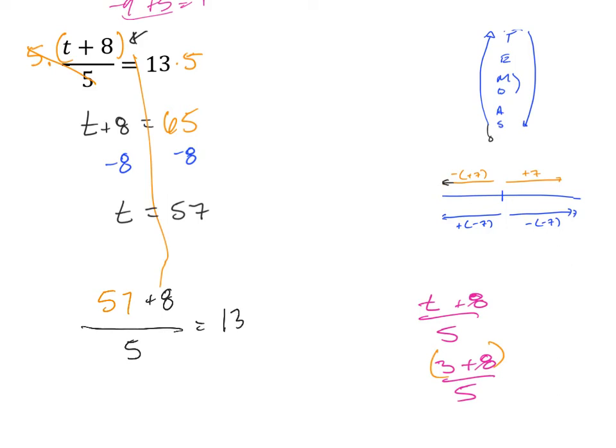Well, 57 plus 8 is 65 divided by the 5 is supposed to, again, equal the 13. And 65 divided by 5 is 13. So these are balanced. But again, we had to simplify the top first when we were doing order of operations. So that's the thing you have to remember with this. That's what I would have written on my note card.